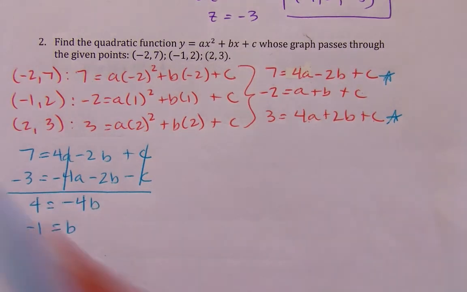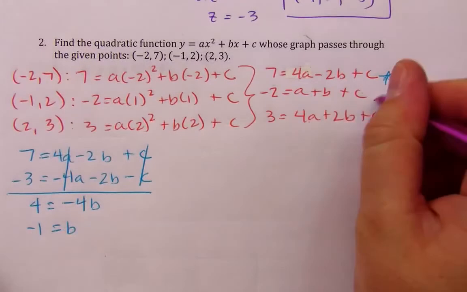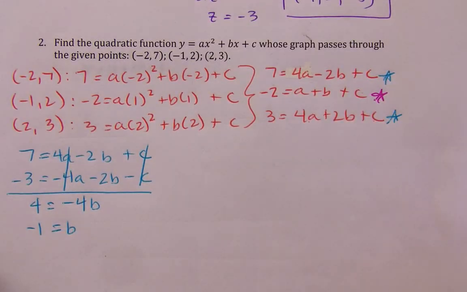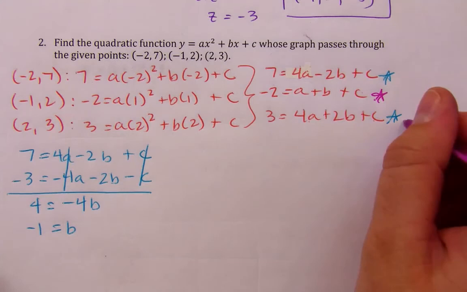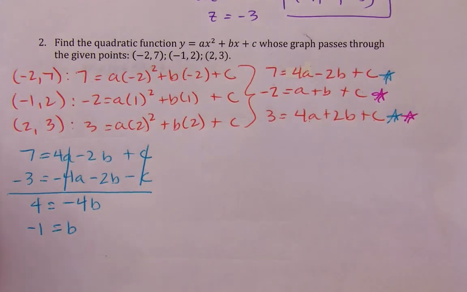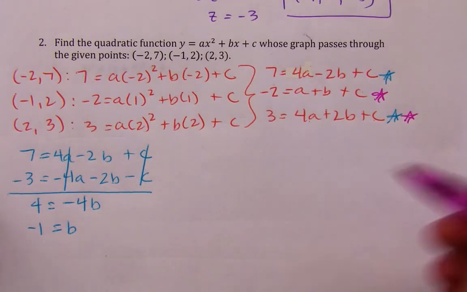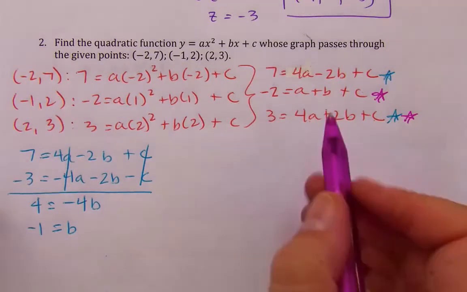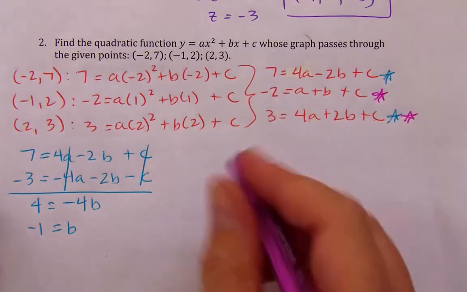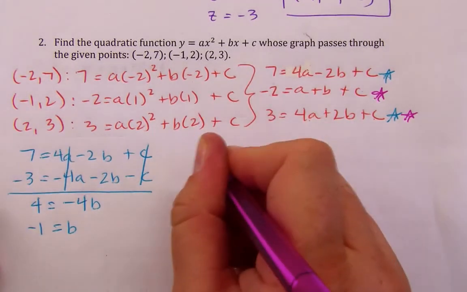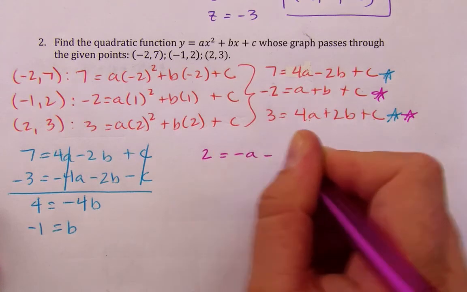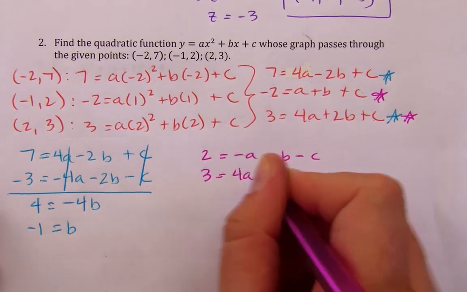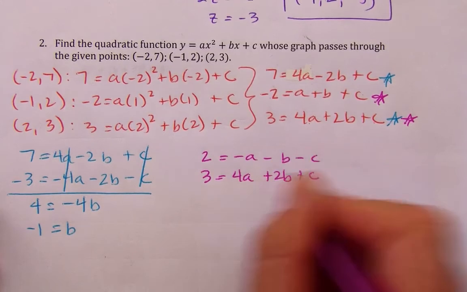Okay, and now I need to use this equation, and I need to choose one of the others. It really doesn't matter. In this particular case, I'm going to choose to use the bottom one. And so I can get an equation where I can cancel out my c. I'm going to multiply my top equation by -1. So I'll have 2 equals -a minus b minus c, and 3 equals 4a plus 2b plus c.